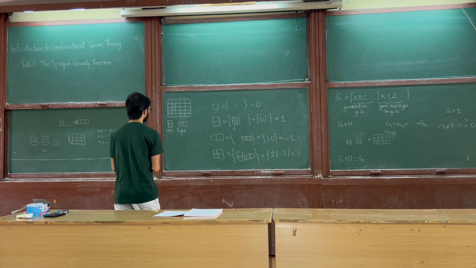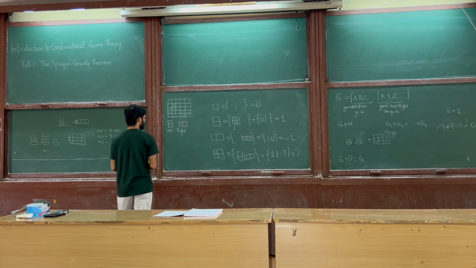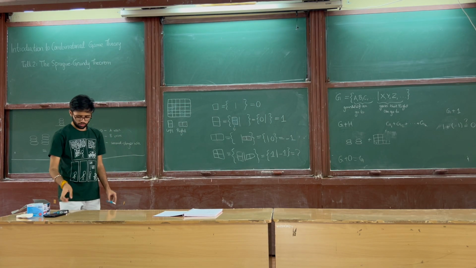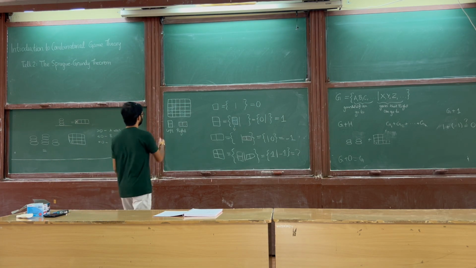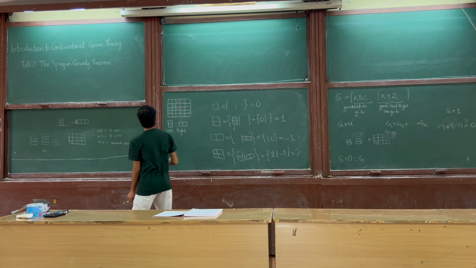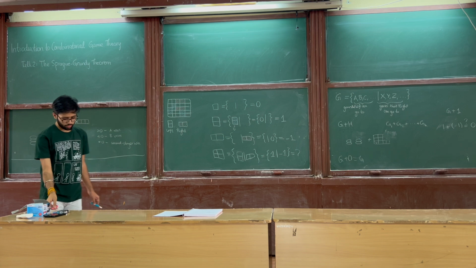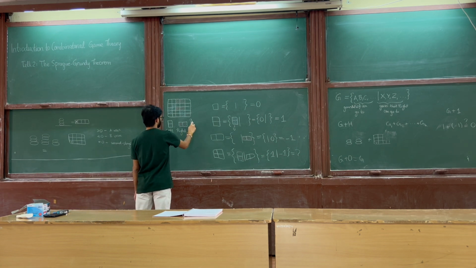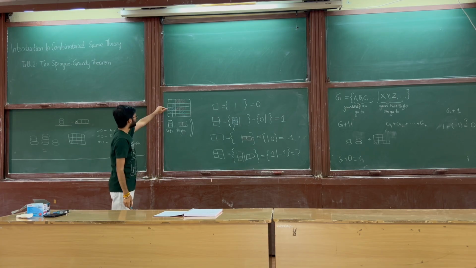So before going to the next, just increasing the grid size to 3 by 2, I want to emphasize that if you have a domineering game that goes on like this, let me draw this. If you have a domineering game that is going on, then you notice that after some point, it breaks down into several disjoint components.